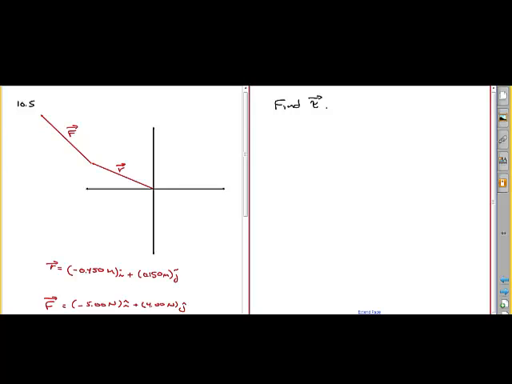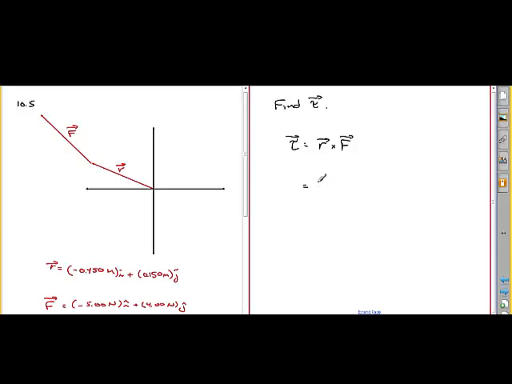So to calculate the torque, the torque vector is equal to the cross product of the R vector with the force vector. The R vector is the first one, and the force vector is the second one. So what we're going to do is this cross product.